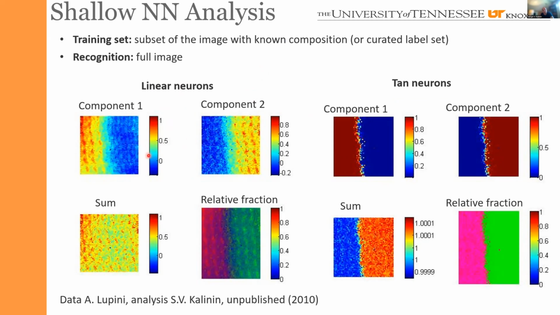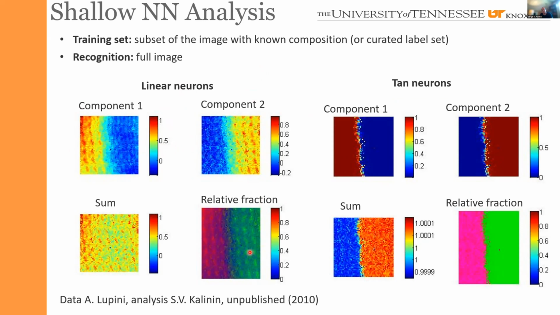So once we train this network, it becomes essentially a linear separator, which basically told us that the component 1, which is the calcium titanate, is all sitting on the left, and the strontium titanate is all sitting on the right. We can represent this as the relative fraction just for convenience, using the color encoding.